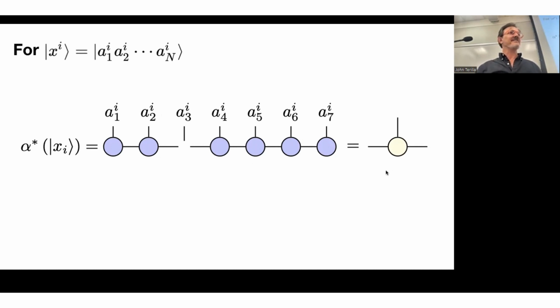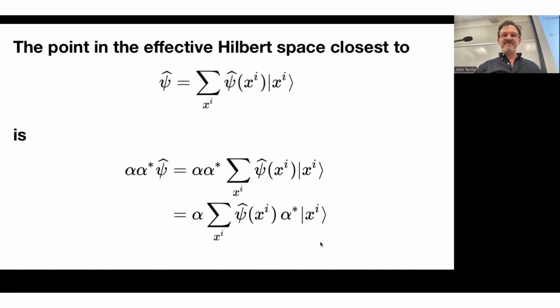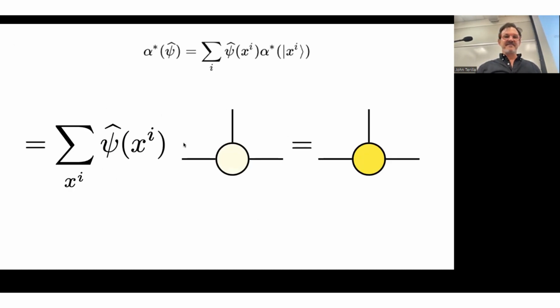I've drawn it in this light yellow color. So that's one term like this. To get all of them, I just multiply them by these y values like this. This one alpha star of xi is a little 3 tensor, and then I multiply it by a y value, and I sum over all of these data points. So this is a sum over the data, and it gives me one 3 tensor like this.